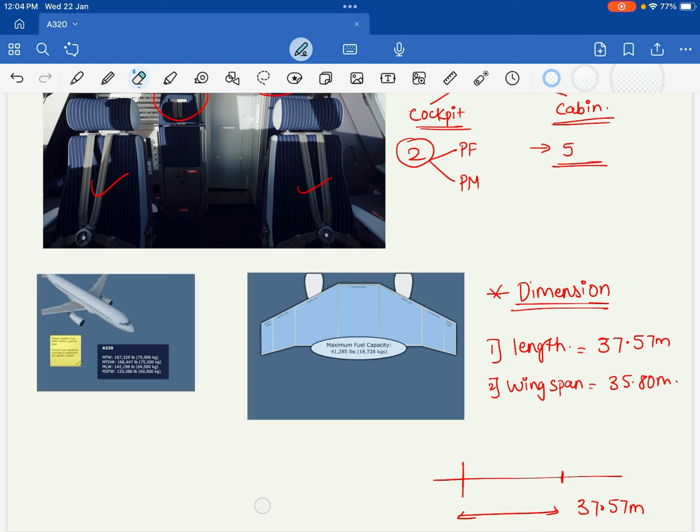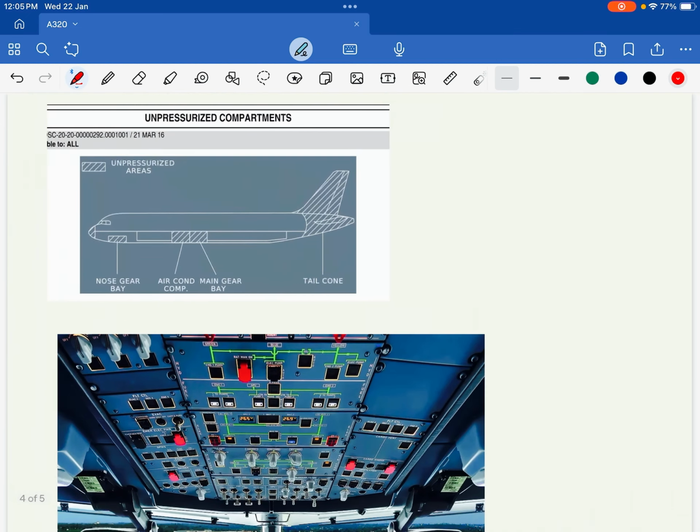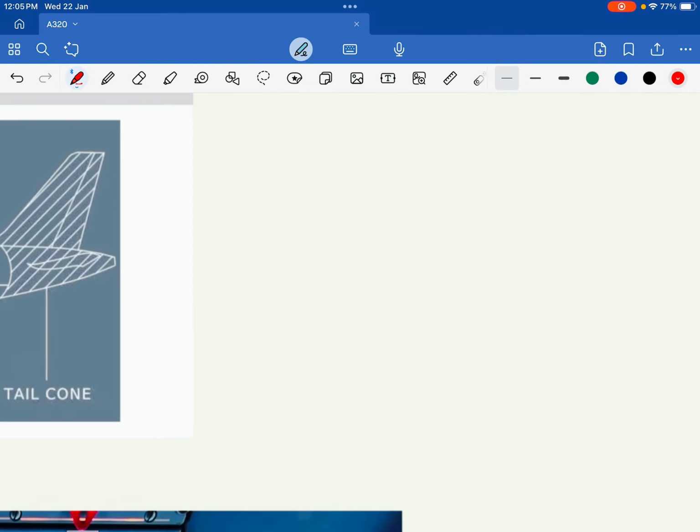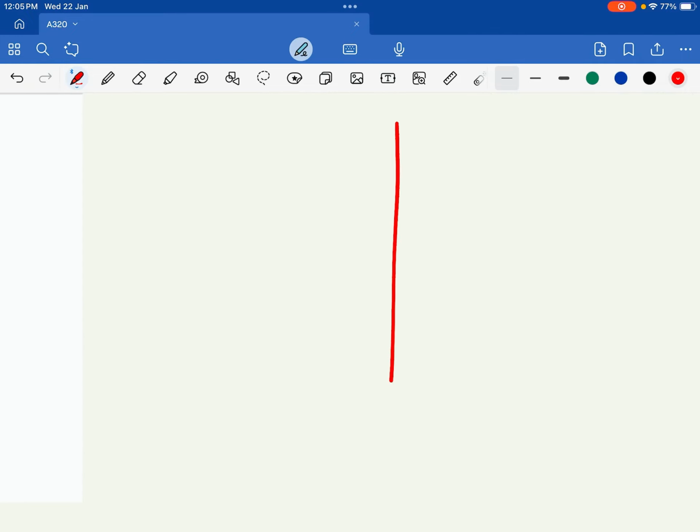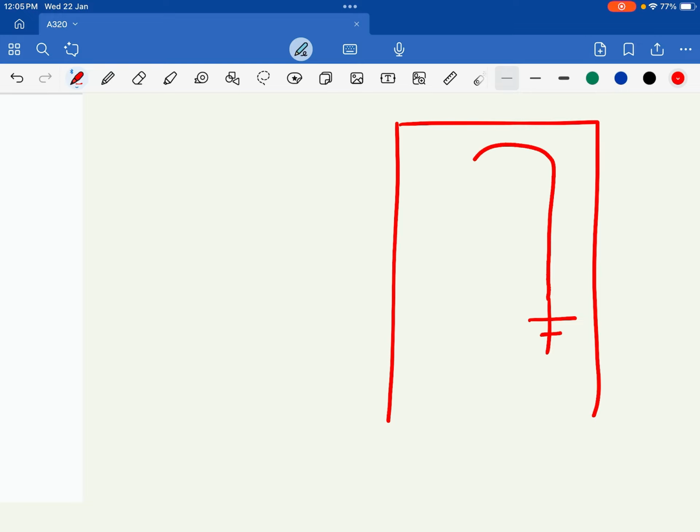Now the next important thing which we will see is the minimum turning radius. So what is the minimum turning radius? If this is the runway and the aircraft has to backtrack, or we can say the aircraft has to make a 180-degree turn, and line up on the runway, so what is the minimum pavement requirement?